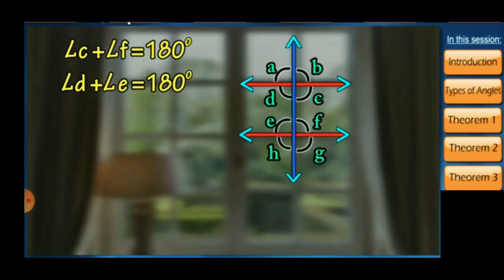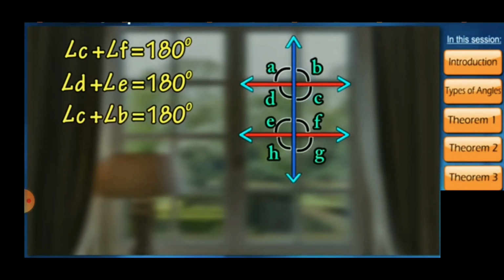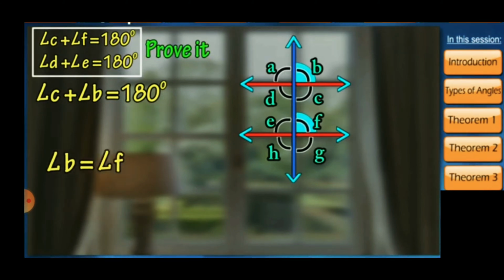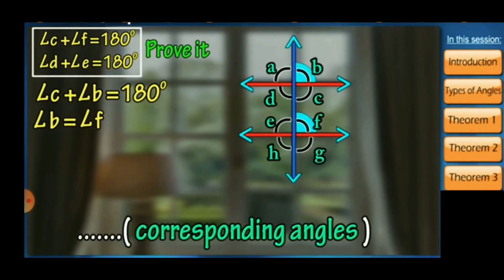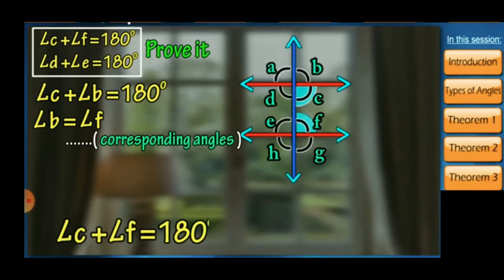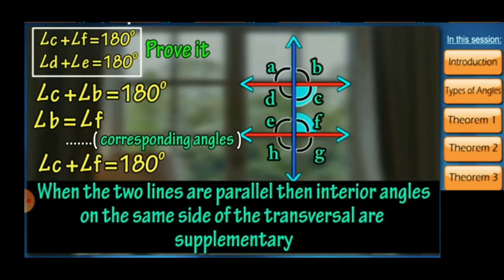There is a very simple explanation for this. Angle C plus angle B is equal to 180 degrees, and angle B is equal to angle F because they are corresponding angles. Hence, angle C plus angle F is equal to 180 degrees, which just means that they are supplementary.